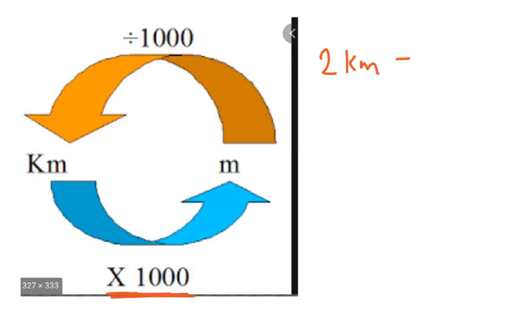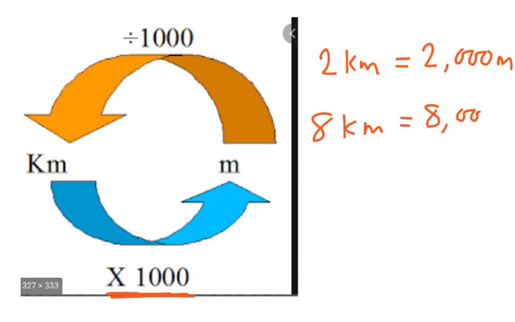So 2 kilometres equals 2,000 metres. If we were going to do 8 kilometres, pretty sure you'd be able to figure that out. Have a go at it now. Okay, 8,000 metres.